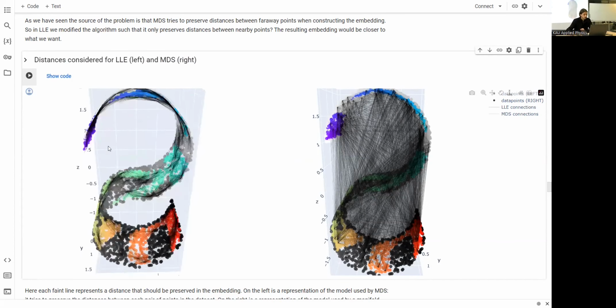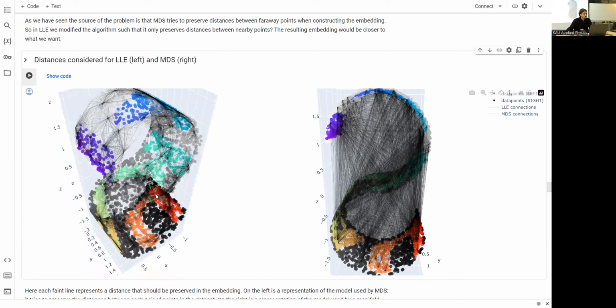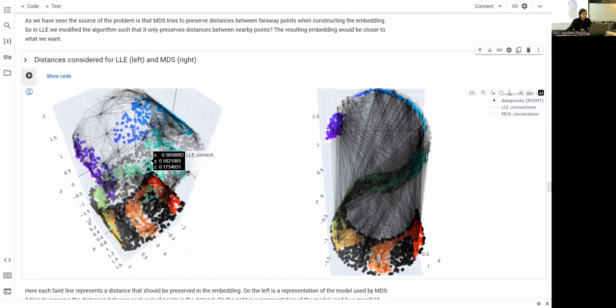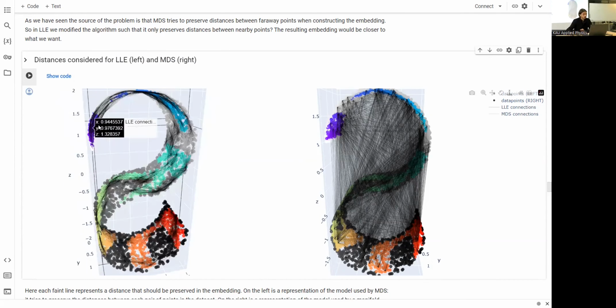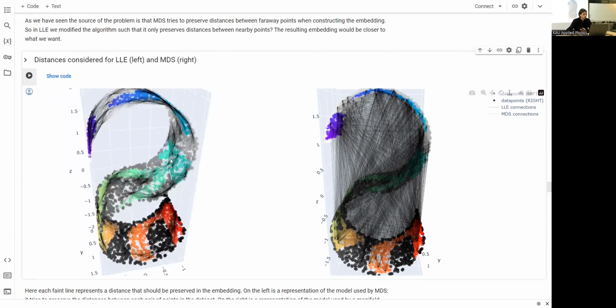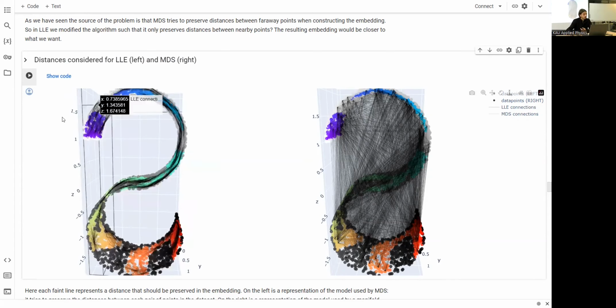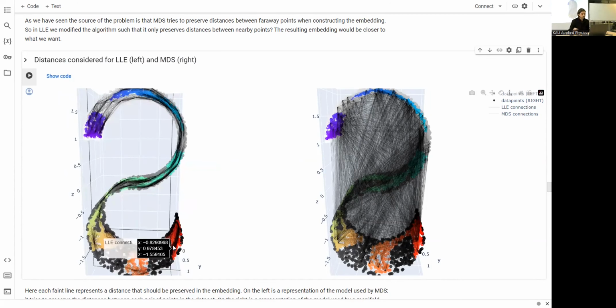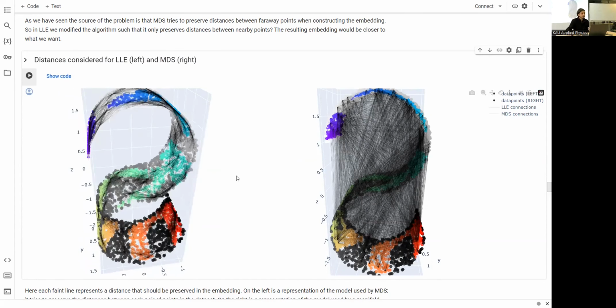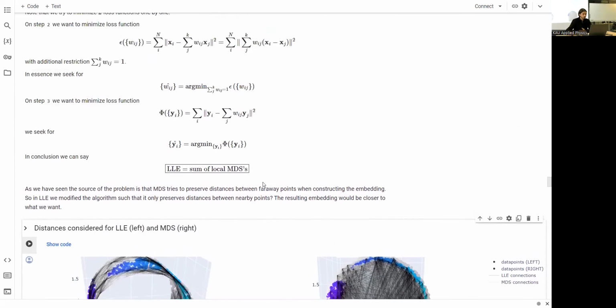And here is what we get if we consider LLE. We are considering just distances to some closely related points. We are working with small patches, and here we don't have those long distances that we had in MDS, and we can try to unwrap this on a plane. So here is the general idea of LLE that makes it work in cases like these S-shaped manifolds.